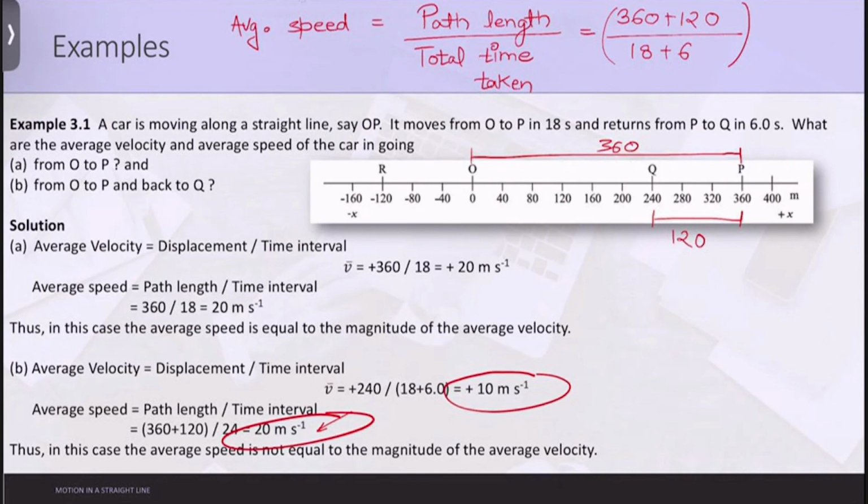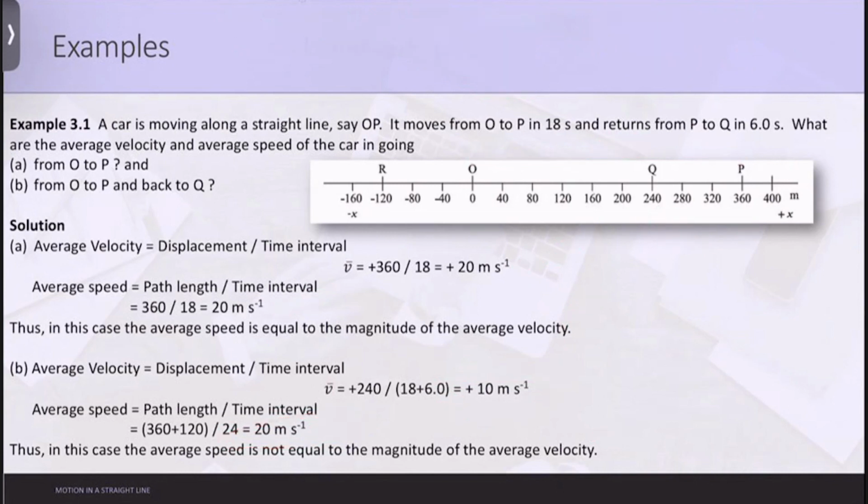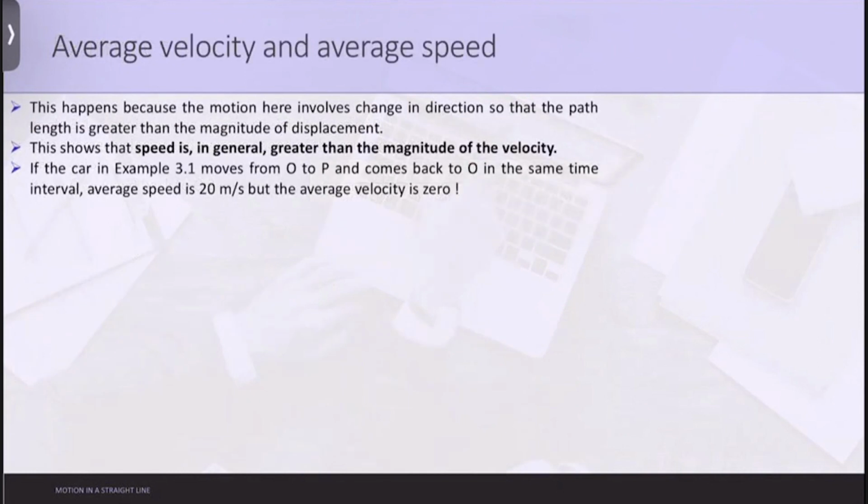Okay, so that being written, you can just refer to this also. I've explained this. So average speed is nothing but equal to magnitude of average velocity. But in this B case, the average speed is not equal to the magnitude of average velocity. Okay. So this happens. Why does it happen? This happens because the motion here involves change in direction, so that the path length is greater than the magnitude of displacement.